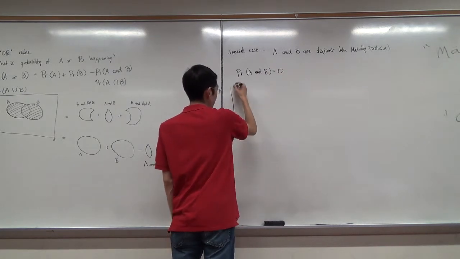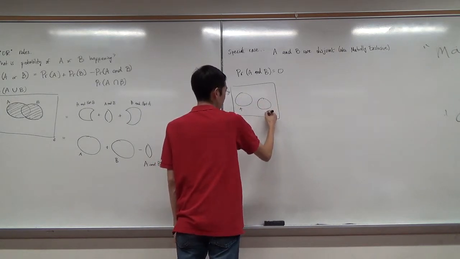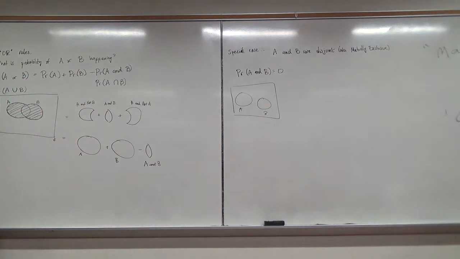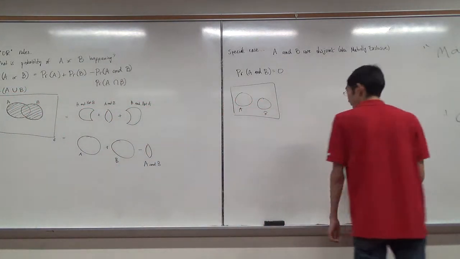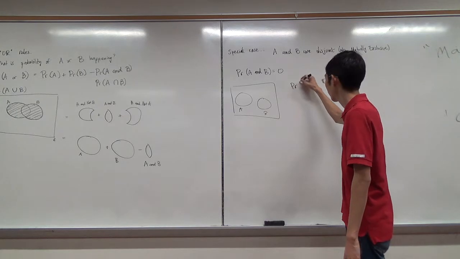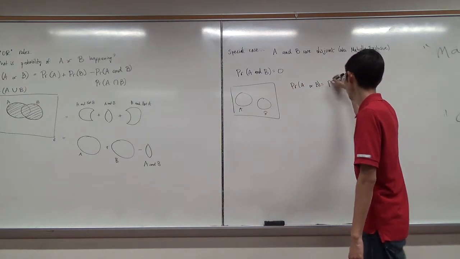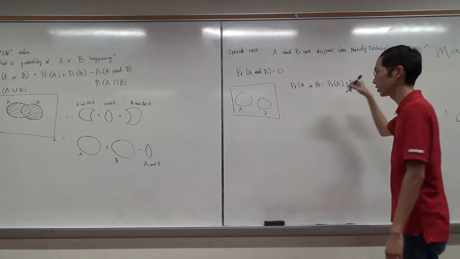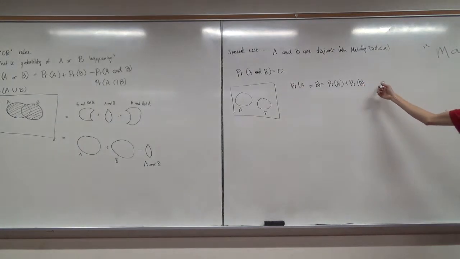Or if we were to draw a picture, here's A and here's B. There's no overlap between A and B. So A and B are mutually exclusive. So that reduces our A or B equation to just the probability of A plus the probability of B. It's exactly the same as over there, except now we are minusing 0, so we can leave that out.